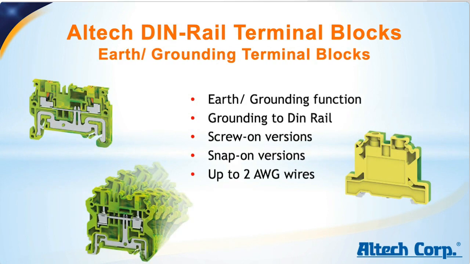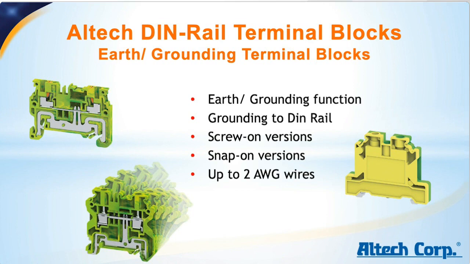A special form of feed-through terminal blocks are so-called grounding or earth terminal blocks. They are used to mechanically and electrically make a connection between the wire and the DIN rail.